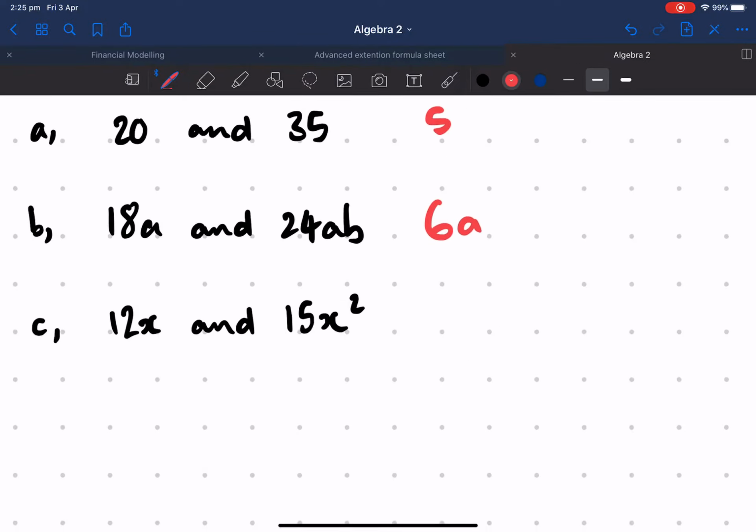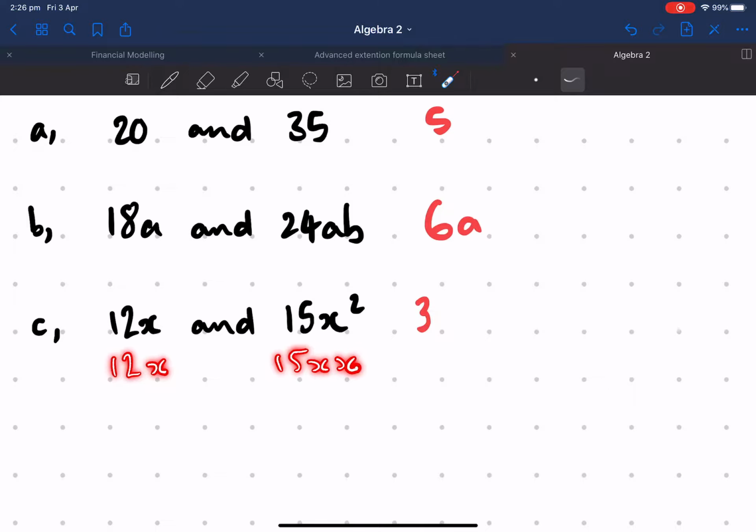Okay, so for C, again, biggest number that goes into 12 and 15 is 3. Okay, now this one's a little bit trickier. Clearly there's x in both parts, but this x squared will throw some people for a loop. What you need to realize is this is like saying 12x, and this is like saying 15xx.